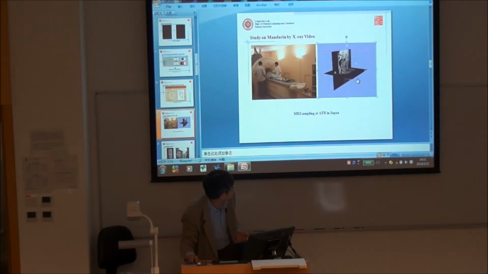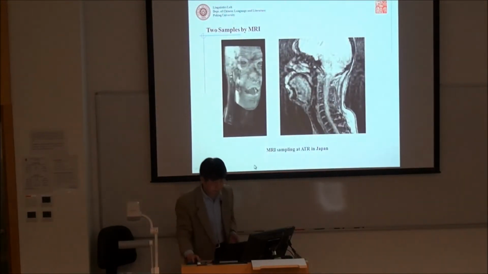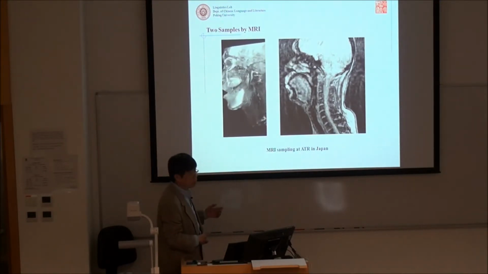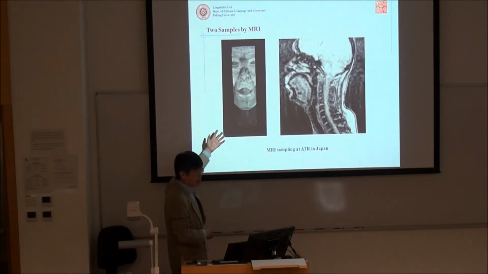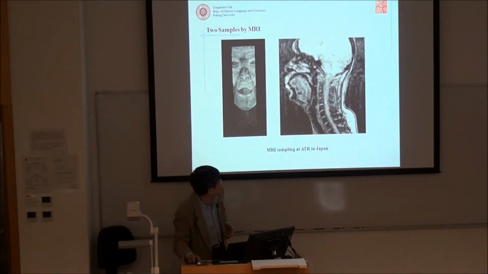This is the method of how to scan the vocal tract. By the MRI image, we can see the inner structure of our vocal tract or the different organs, the speech organs.